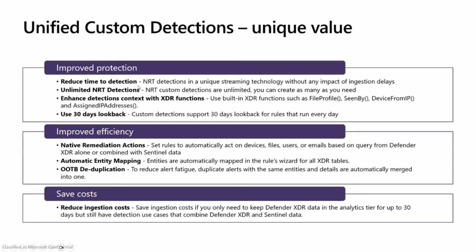First bullet is about reduced time to detect. Custom detections have an NRT solution, near real-time detections. Analytics rules also have it, but NRT in the unified custom detections is based on streaming technology, where events are evaluated as they stream into the system.